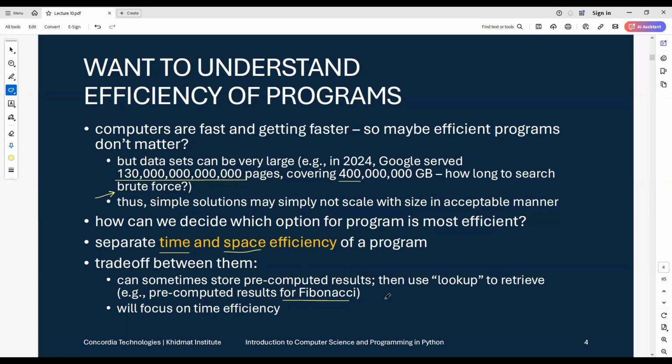But when we implemented a smart solution by storing the calculated results in a dictionary so that it does not have to recalculate them, the number of operations came down from 11 million down to 65. So that's how we can make our programs efficient by writing smart algorithms, but that's not always possible. And we have to look at the efficiency of a program for the worst case scenarios.